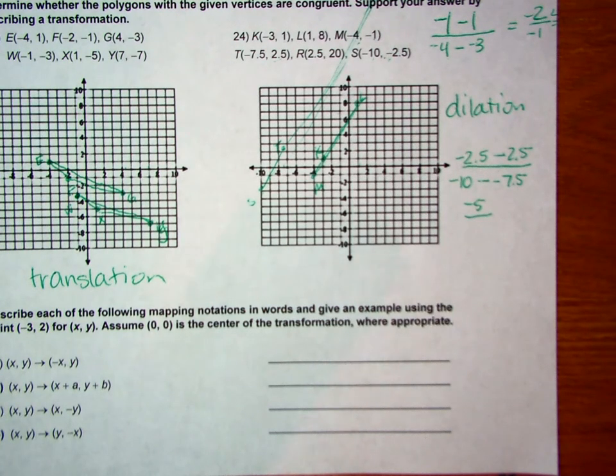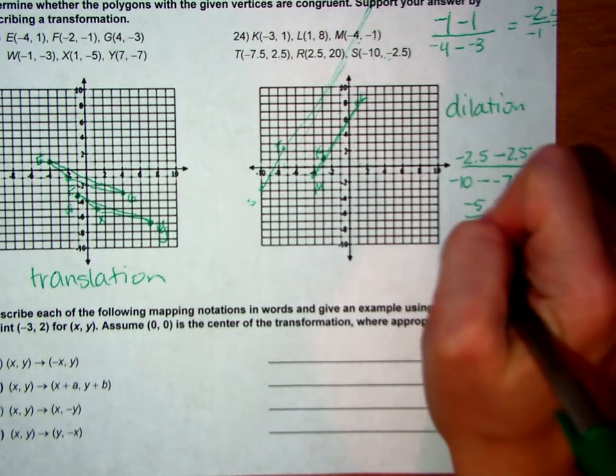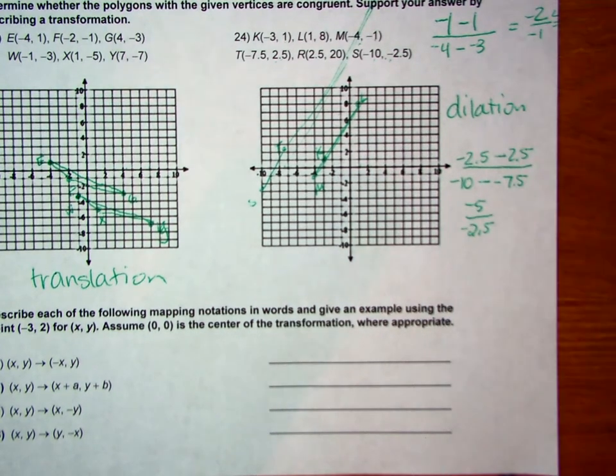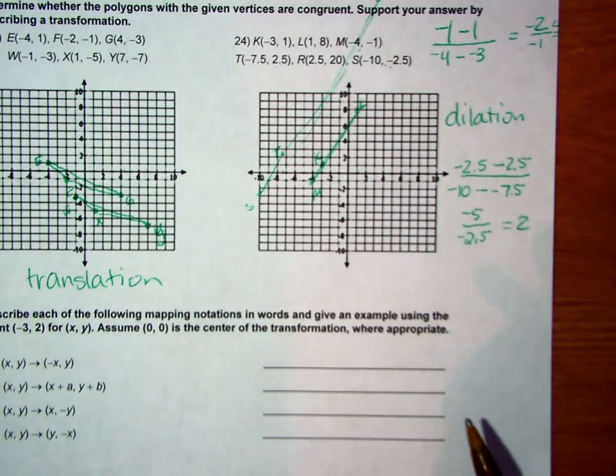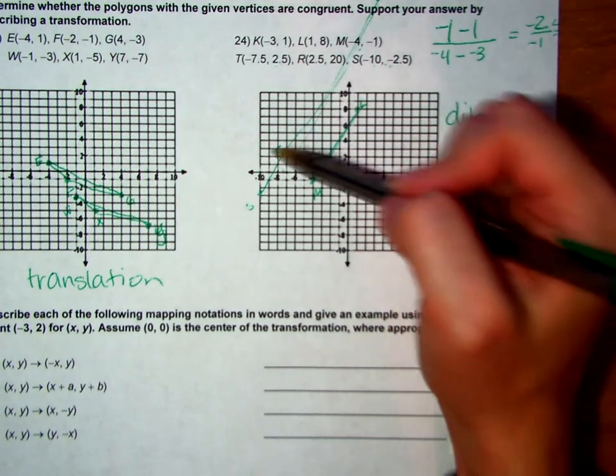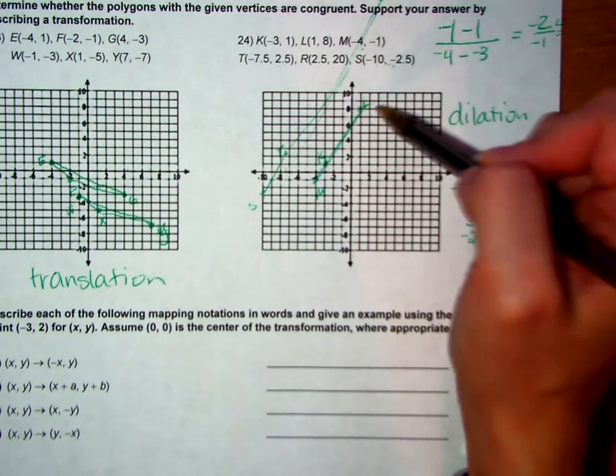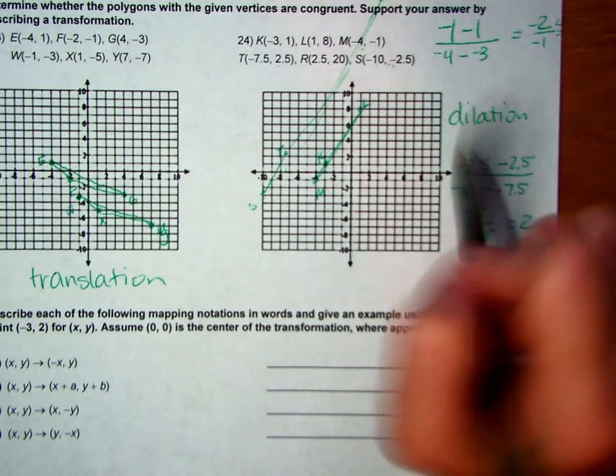So we're going to be adding that 7.5, which gives me negative 2.5 here. Now when I do negative 5 divided by negative 2.5, I'm going to get a slope of 2 again. So again, that confirms that these slopes are the same. And so like I said, you could check the next set of slopes if you wanted to. If they're the same, you know you've got yourself a dilation here.